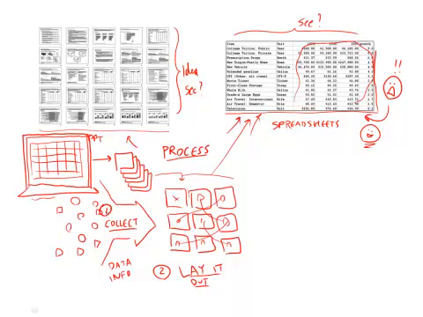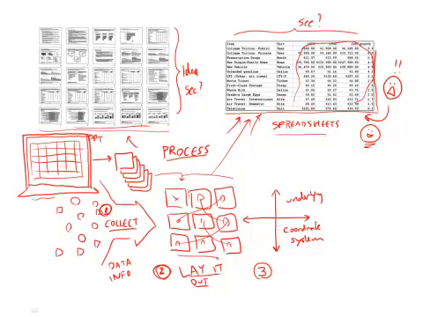Step number 1, collect. Step number 2, lay it out where we can see it. Step number 3, find the coordinates. Find the underlying coordinate system that underpins all of our data or all of our ideas or all of our PowerPoint.